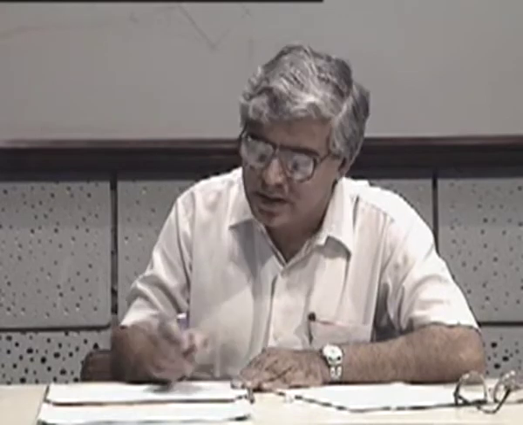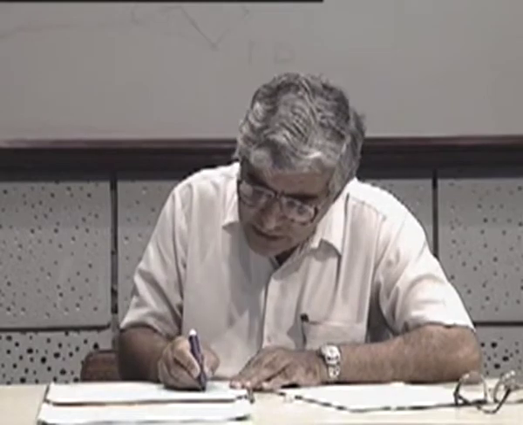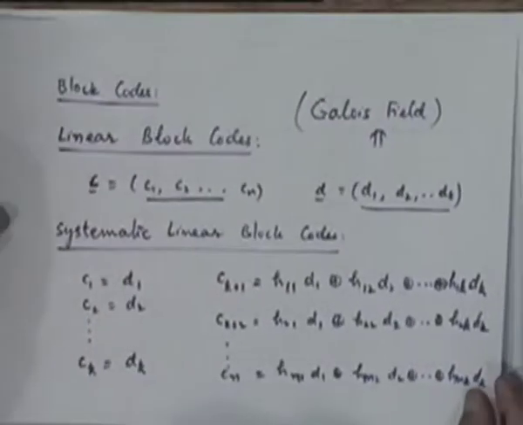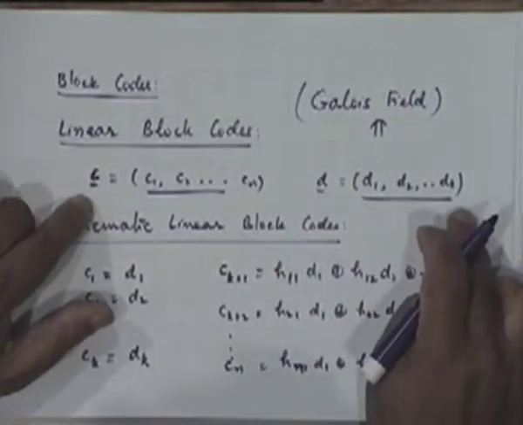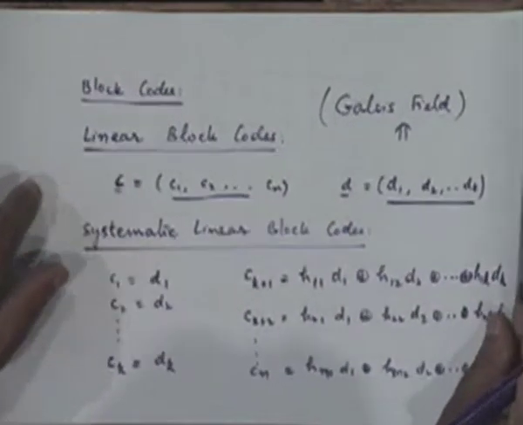The code vector C is the data vector D multiplied by the mapping or so-called generator matrix G, okay, where I have taken C and D to be row vectors, right.